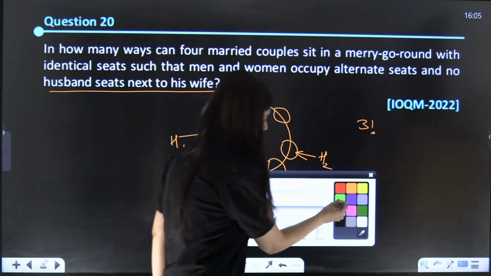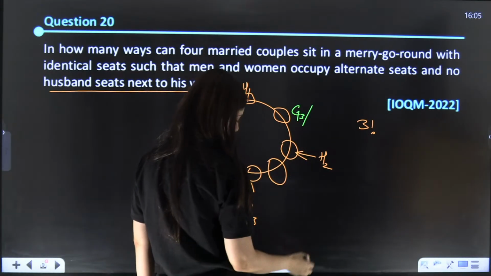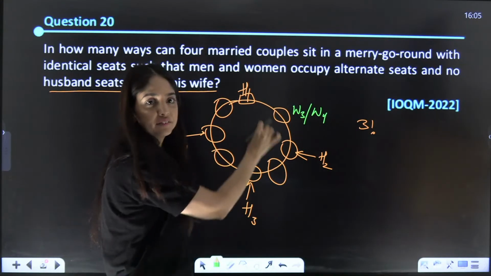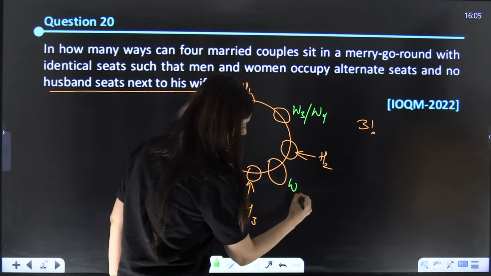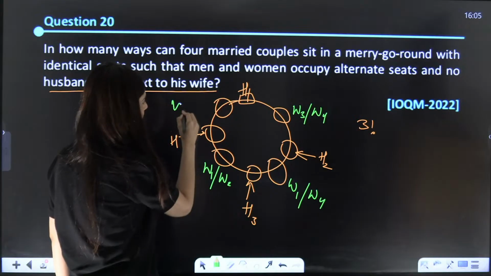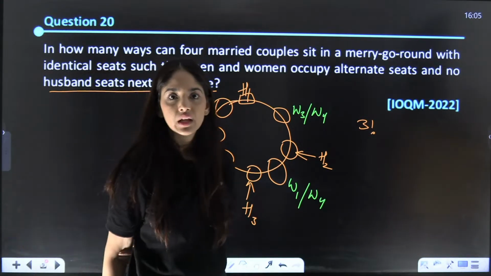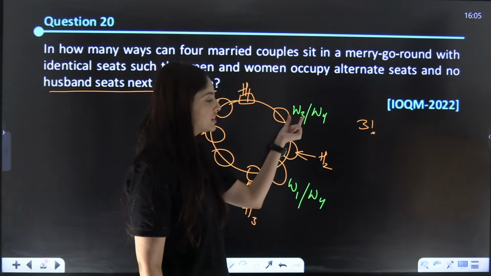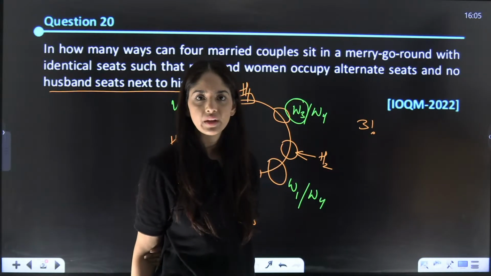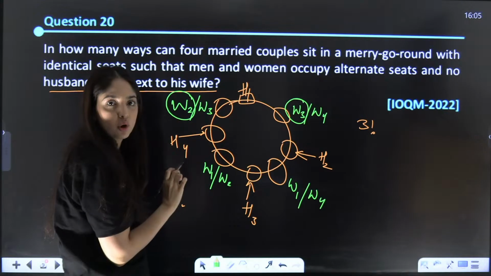Now, what are the options here? W3 or W4, because wife 1 and wife 2 cannot be here. Similarly, wife 1 or wife 4, wife 1, wife 2 and W2, W3. Now, as soon as we fix any one of them, let's say I picked W3 to sit here, then W3 cannot sit here because she's already sitting there, so W2 will have to occupy this seat.